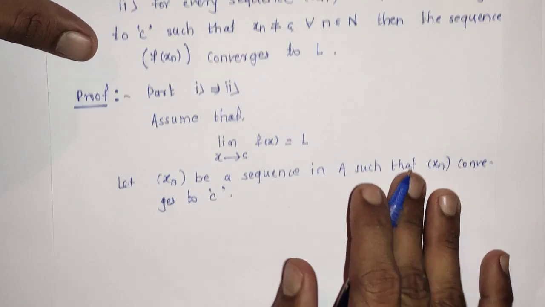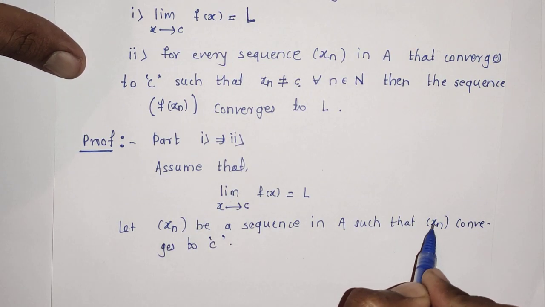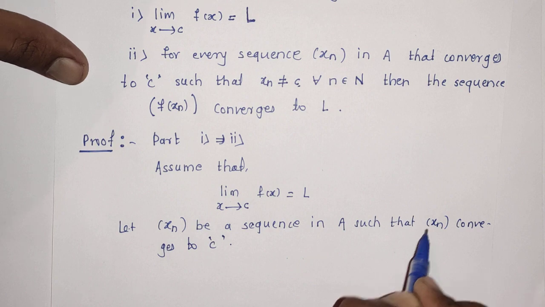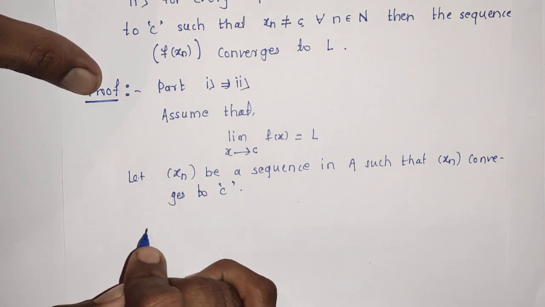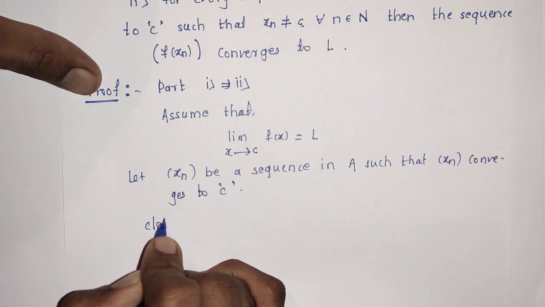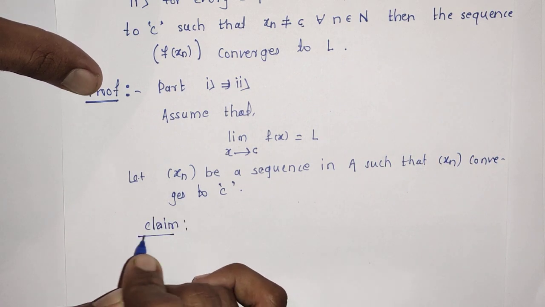Our claim is that the image of this sequence, that is f of xn, converges to this limit L.